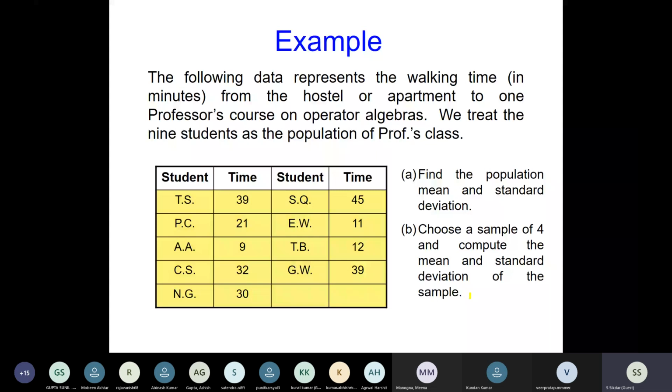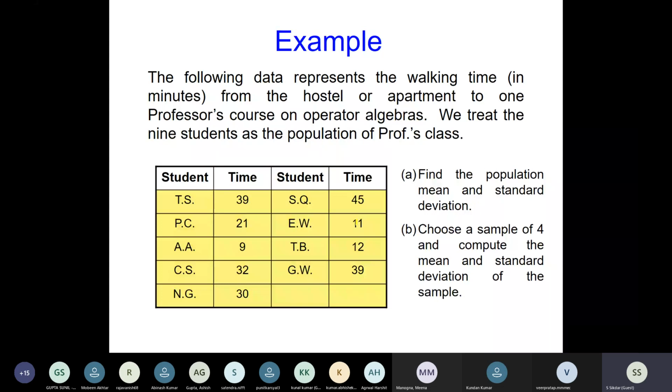Let's say we have 9 students, and their names are shown like this: TS, PC, AA, CS, NG, SQ, EW, TB, GW, and the time is, let's say, 39 minutes, and for some person it is 21, another is 32. So it is pretty way off, not exactly close. Whoever is the closest is this person, maybe within the campus, and other fellows are way off. So what is the population mean and the standard deviation?